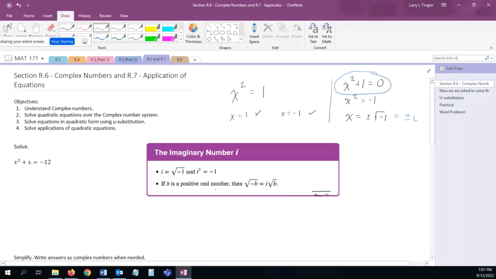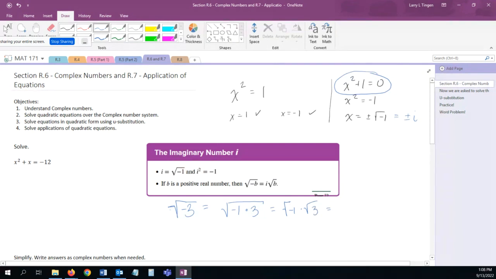If b is a positive real number, then the square root of -b is equal to i times the square root of b. What that means is if I give you the square root of -3, what's really going on there is I'm going to simplify this into the square root of -1 times 3 under the radical. And if I have the square root of a product, I can rewrite that as the product of square roots.